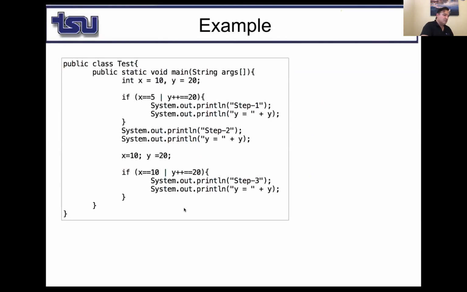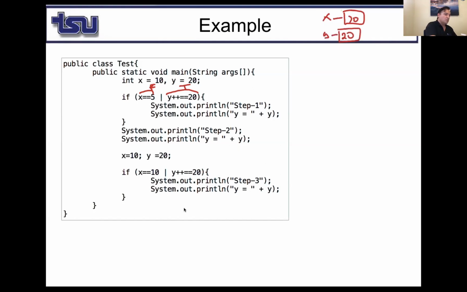Similarly, I guess you get the idea. Now I have single. That means no matter what the first one is, I will execute both of them. So this is going to be false, but false or not, doesn't matter. I execute this one. This is true. x was 10, y was 20.